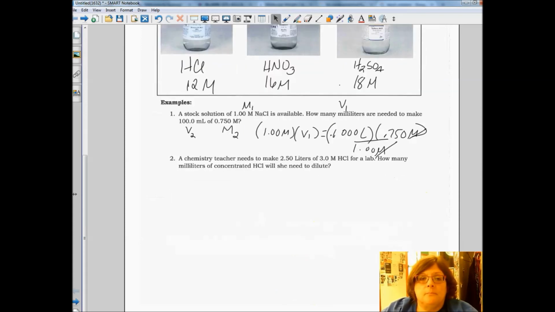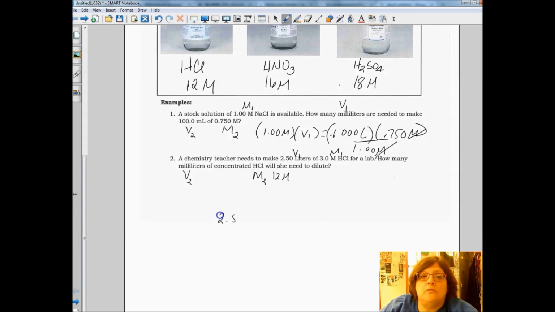Second one, we need to make 2.5 liters. That's going to be our volume 1. This is our molarity 1. How many milliliters of concentrated hydrochloric acid? This is going to be our molarity 2. We're solving for volume 2, and we can use hydrochloric acid as 12 molarity.